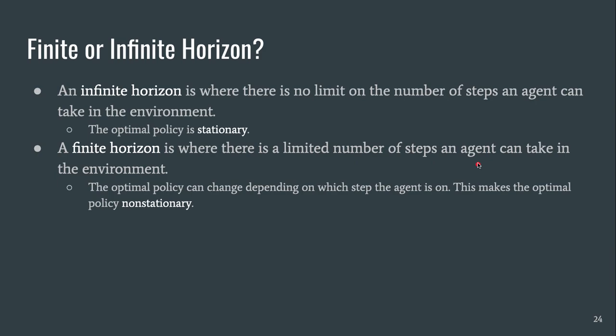The reason is that an agent that is not reaching the terminating state in a finite horizon is not a successful agent. So it can no longer just maximize its reward to infinity, it has to reach that ending state, which is why, as the game continues, it becomes more and more important for the agent to approach the terminating state, so at the end it can reach it, if not before the end.